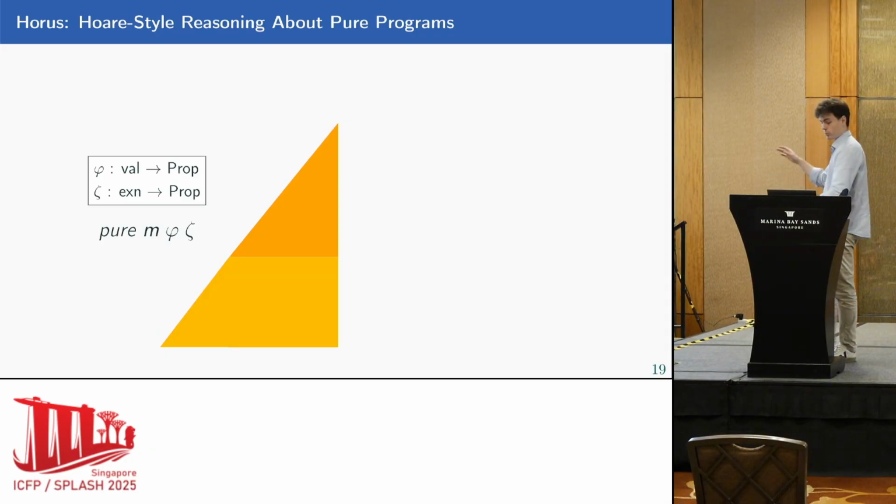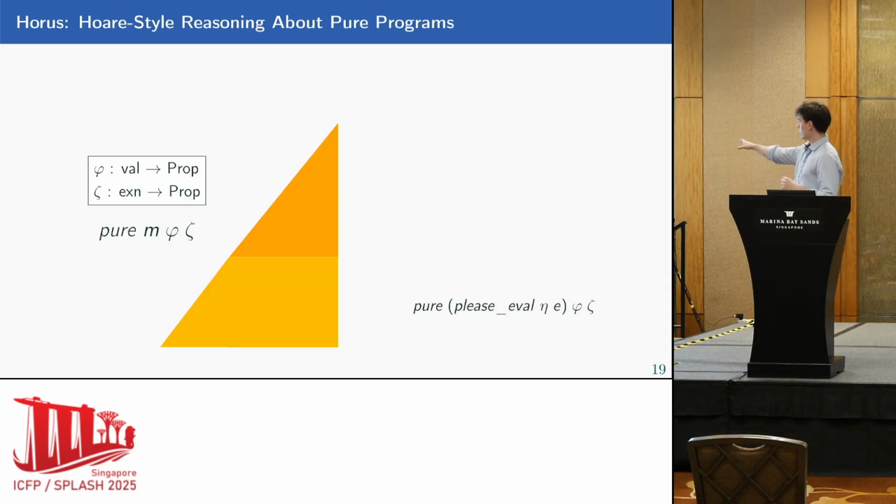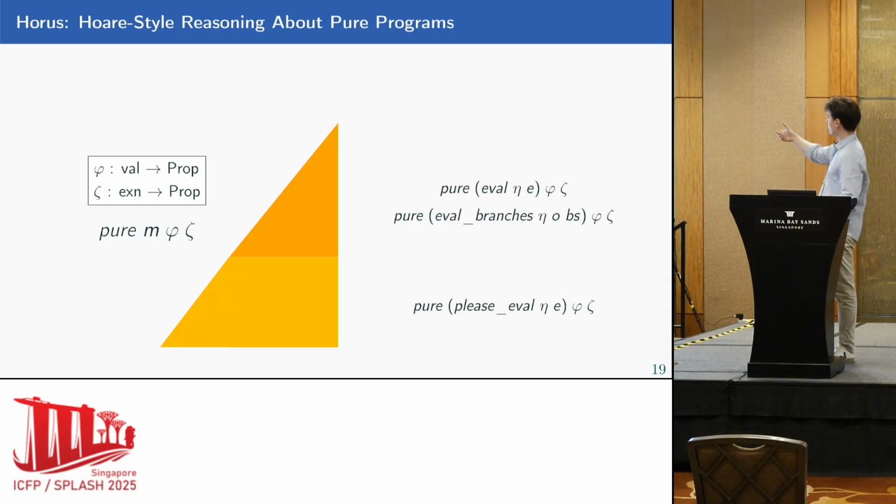And so the kind of rules you would expect is, okay, at the bottom level, we're reasoning about things like please eval, and then at the top level, we're reasoning about things like evaluations of expressions and pattern matching. And this is kind of a discovery that we made along the way, is that when you want to actually verify programs in this style, you end up having a whole bunch of rules for each auxiliary function in the definitional interpreter, like eval and eval branches.